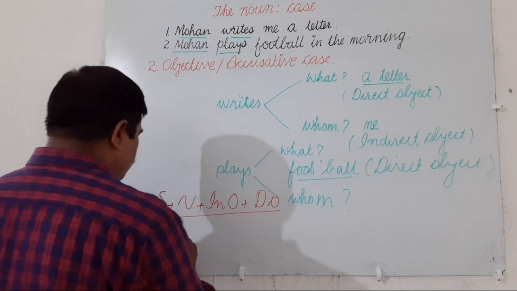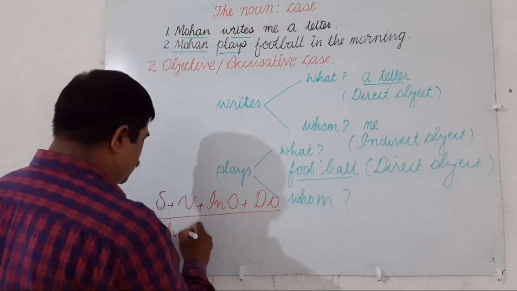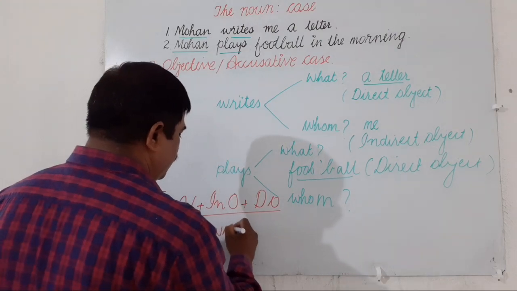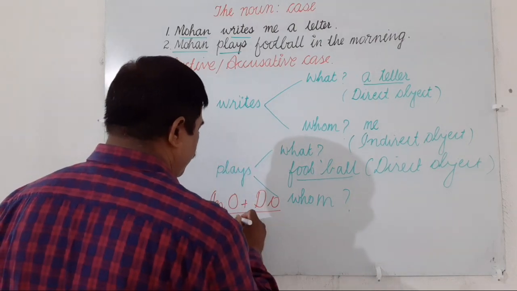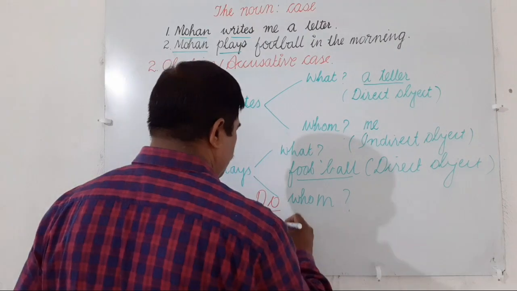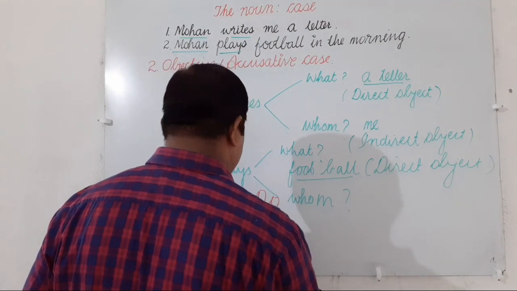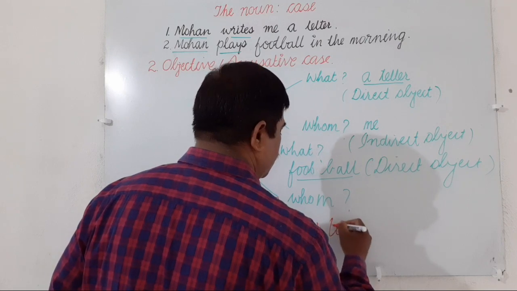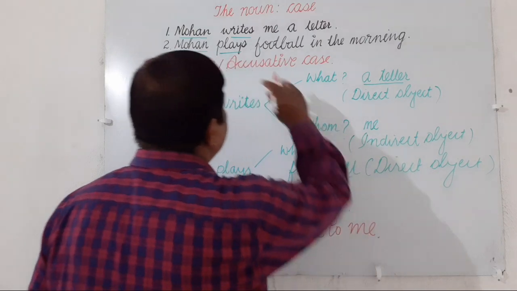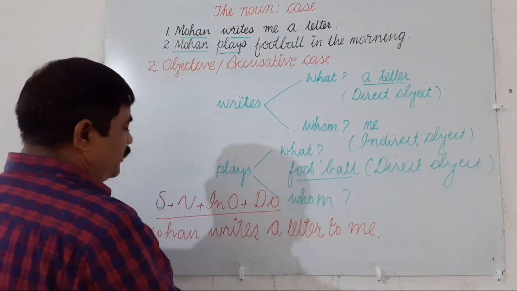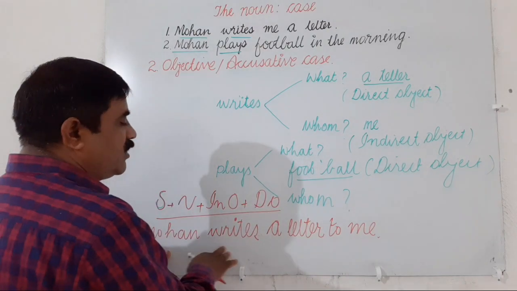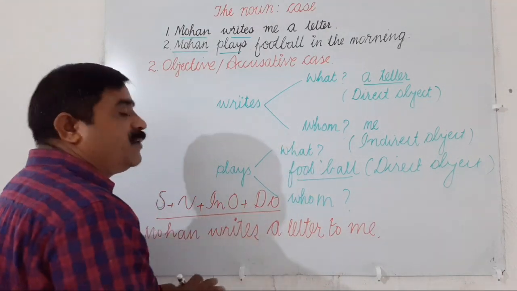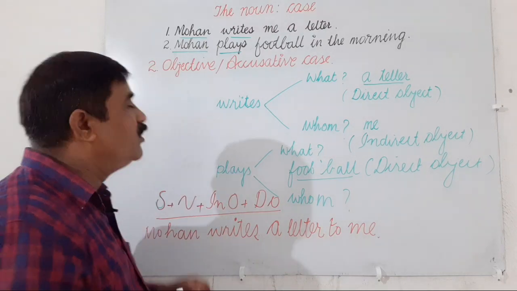Mohan writes a letter to me. So this sentence can also be written this way. Mohan writes a letter to me. No difference is there, but a big difference is there between both the sentences.